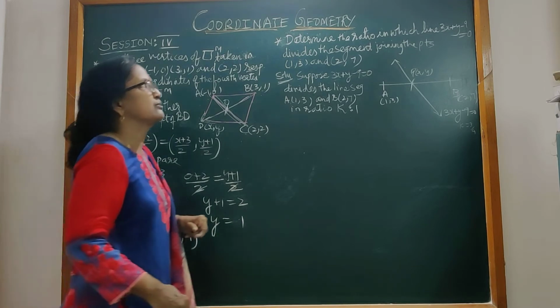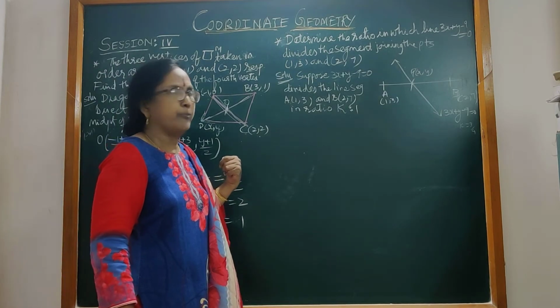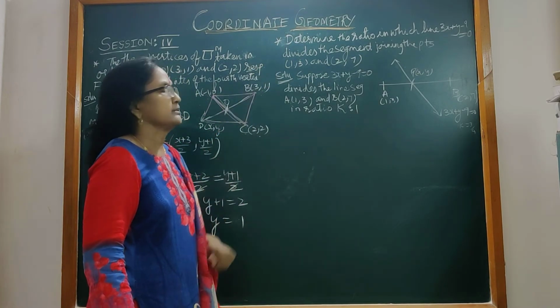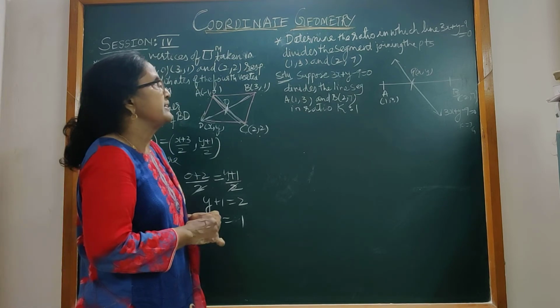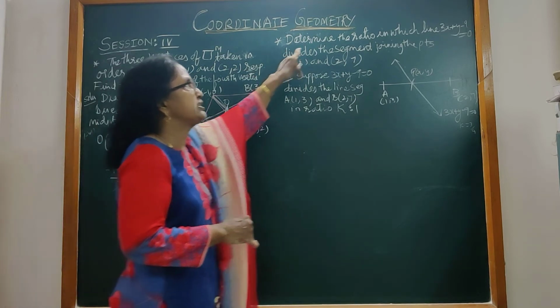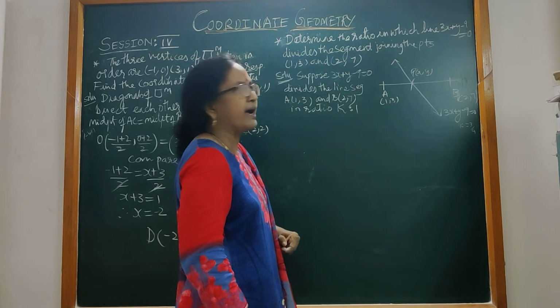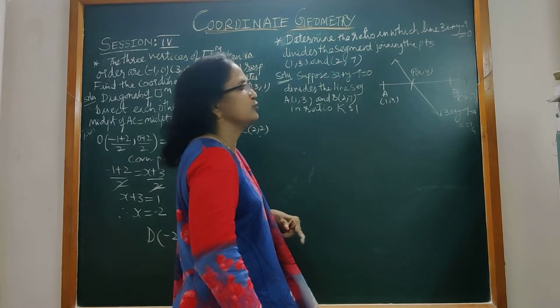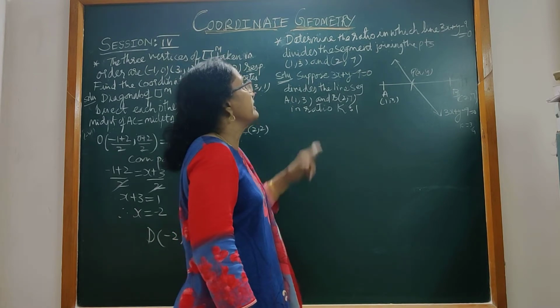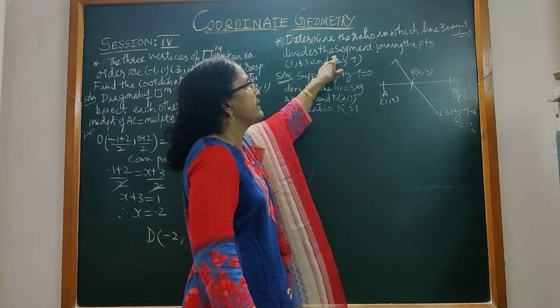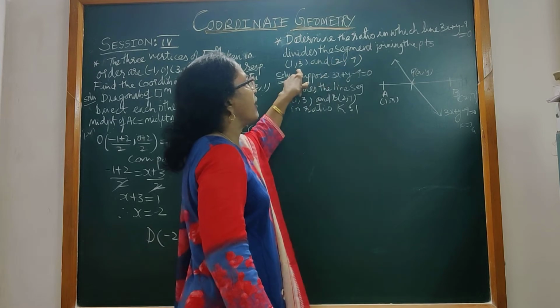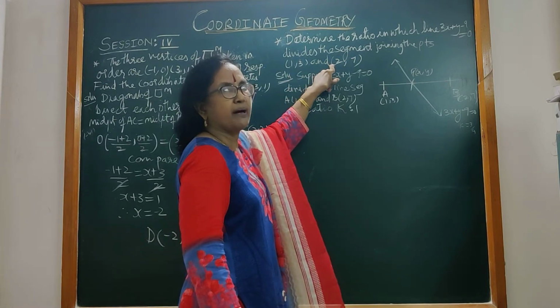Now we come to the next question. So here we have applied the midpoint. Now here see the question, it's a bit different. Determine the ratio in which the line 3x + y - 9 = 0 divides the line segment joining the points (1, 3) and (2, 7).